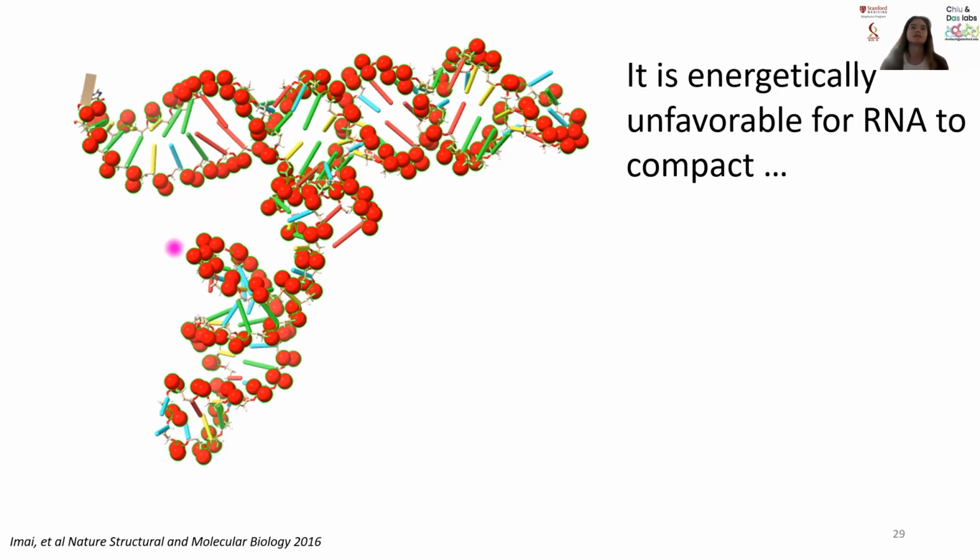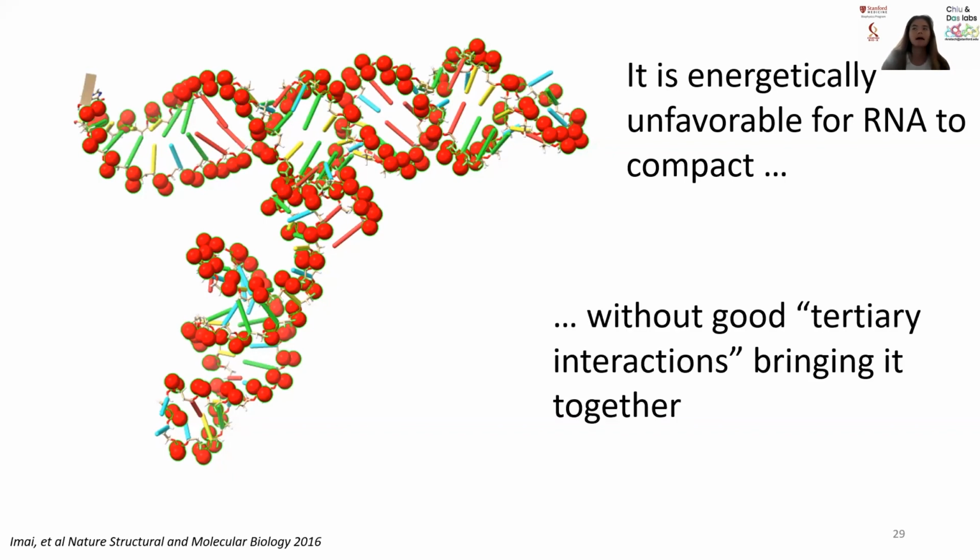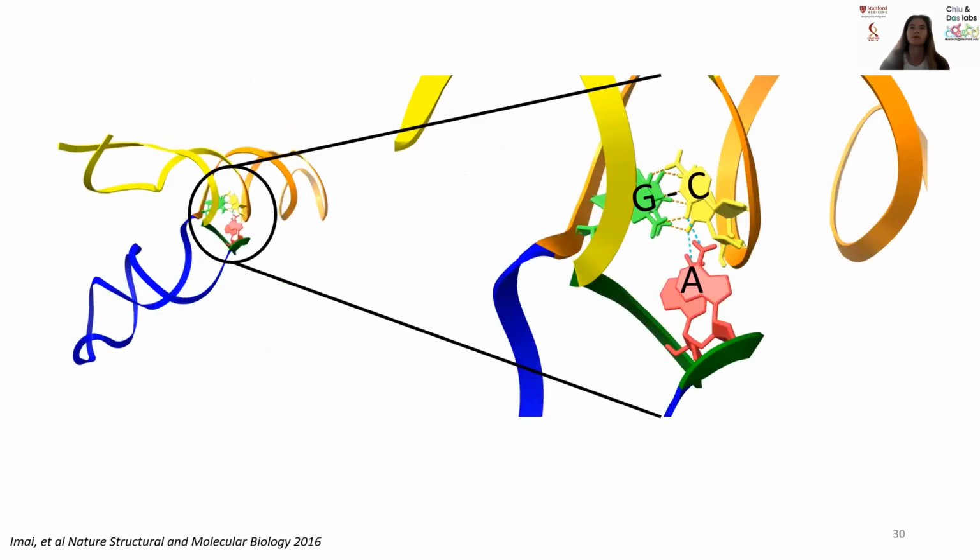So this helix, if it was to come closer to this helix, that would be a repulsion and it'd want to move away because it would be negative charge next to another negative charge. So that makes it unfavorable to compact unless we have some sort of good interaction that makes them want to come closer together. So this is what we call tertiary interactions. It's often things like hydrogen bonds, you see base pairing or those types of things.